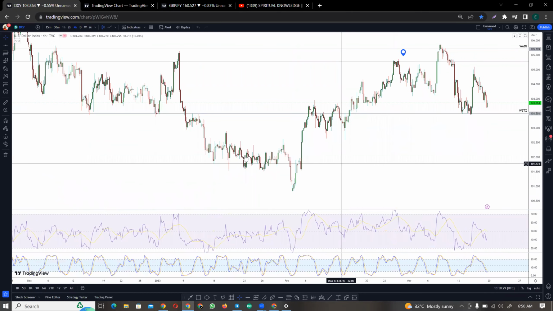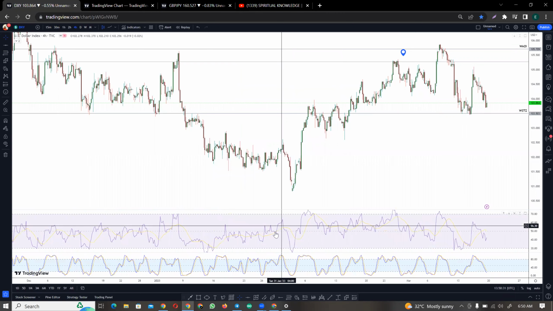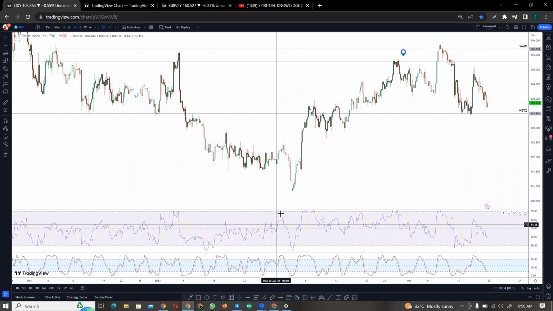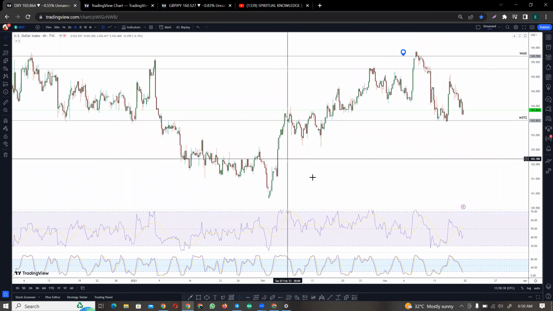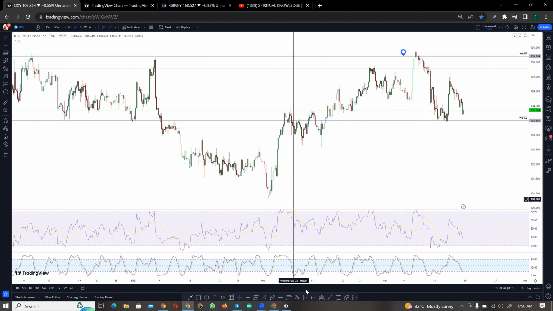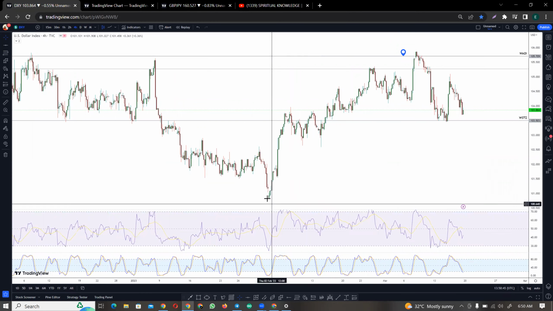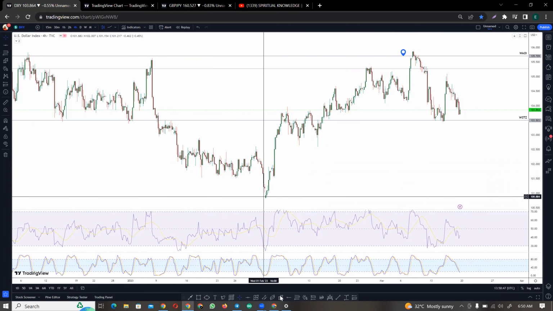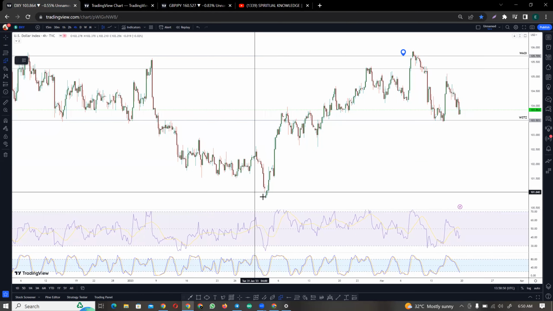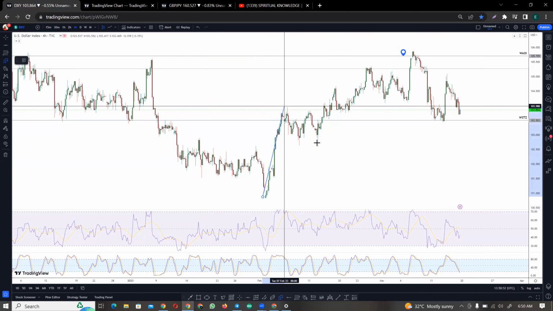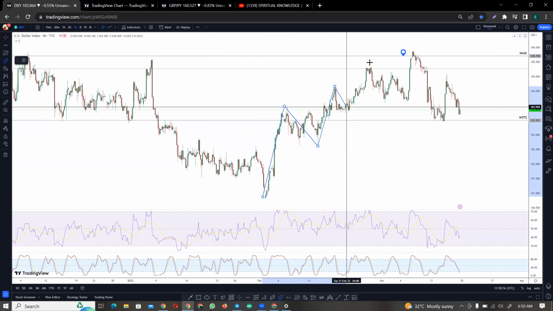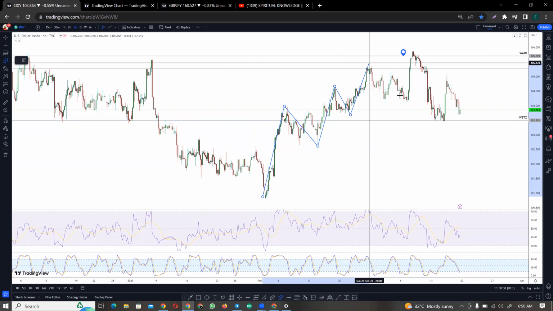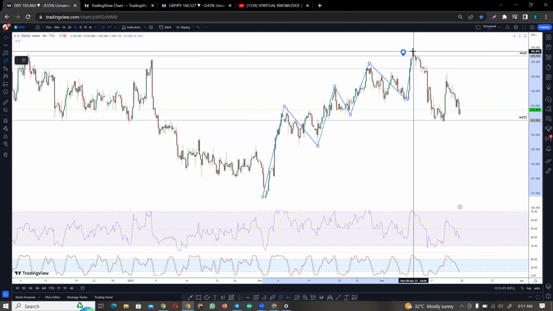So this DXY on 4-hour time frame was making higher highs, higher lows, higher highs, higher lows, higher highs, higher lows, higher high.